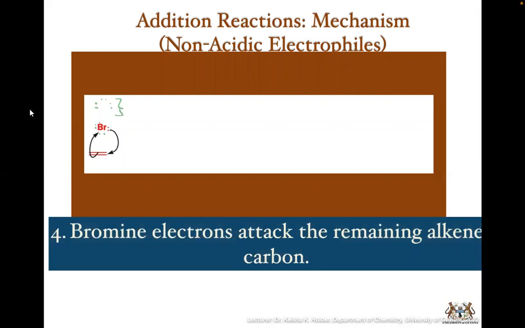And what we're seeing here is that the bromine-bromine bond would have been broken, and the bromide now becomes a bromide because it would have acquired that extra pair of electrons.